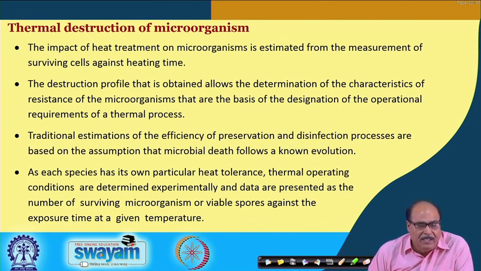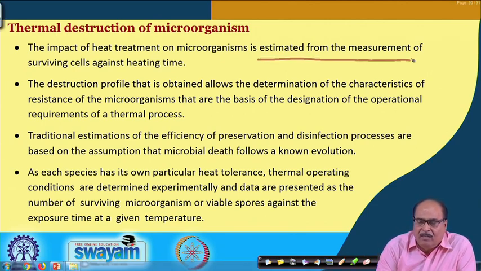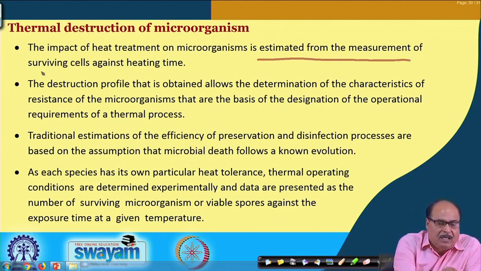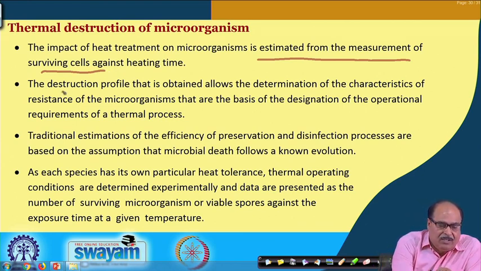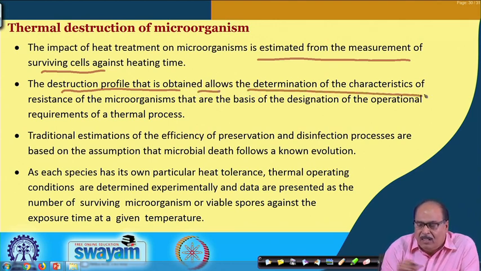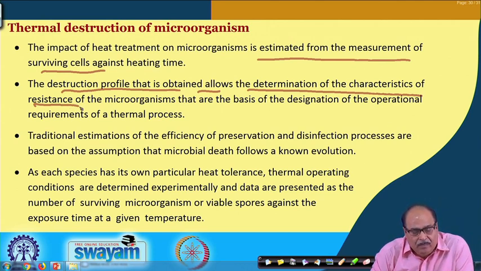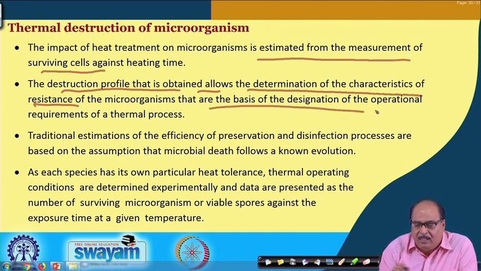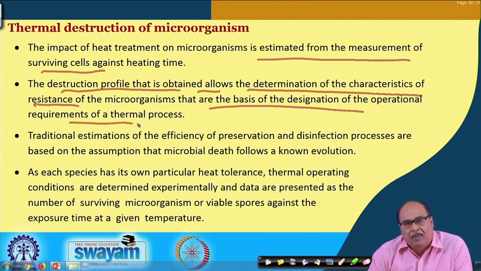The impact of heat treatment on microorganisms is estimated from the measurement of the surviving cells against the heating time. The destruction profile that is obtained allows the determination of the characteristics of the resistance of the microorganism, and that is the basis of the designation of the operational requirement of the thermal process.